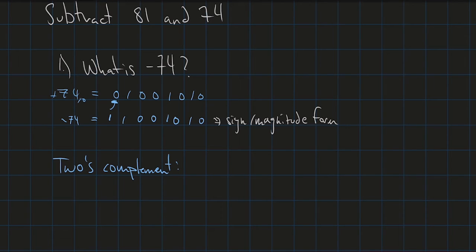So to start, we take the positive binary and then we convert it to 1's complement form. And after that, we simply add 1.